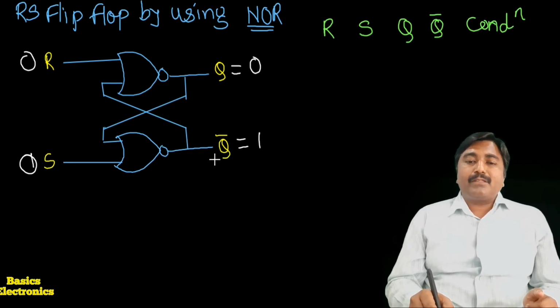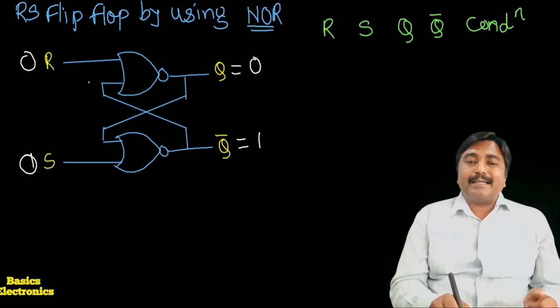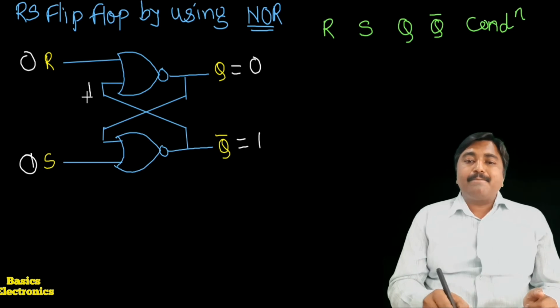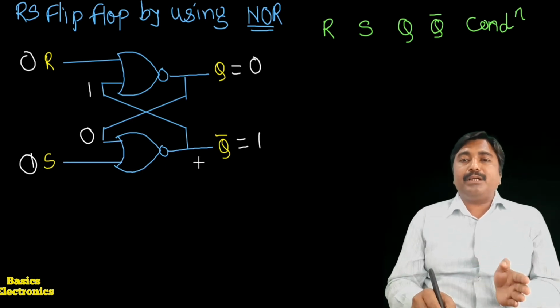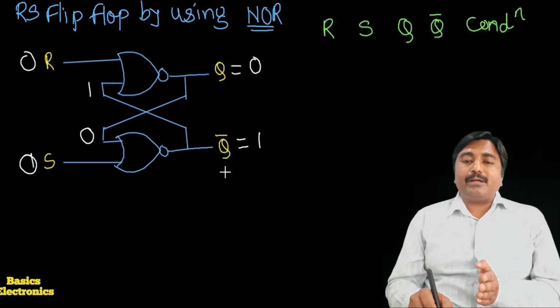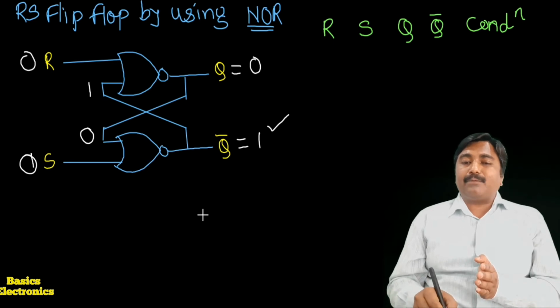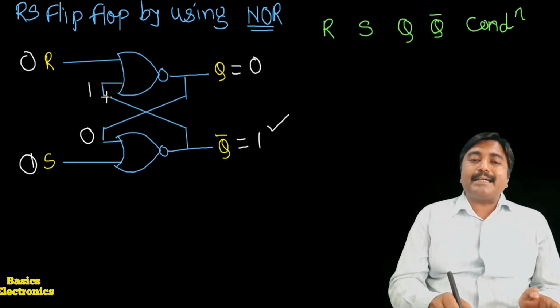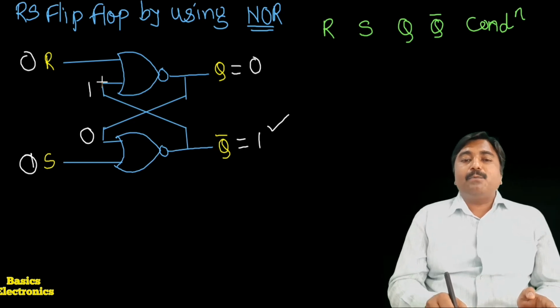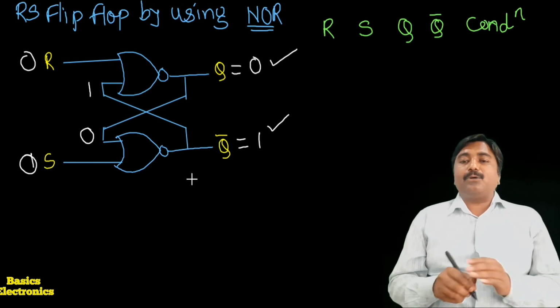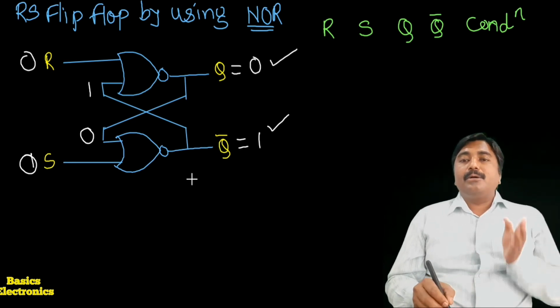It means here the Q bar is applied as an input to the upper gate and Q is applied as an input to the lower gate. The lower gate has both inputs 0, 0, so it produces an output equal to 1, and this Q bar equal to 1 is applied to the upper gate, so one input of the upper gate is 1 and its output is 0.